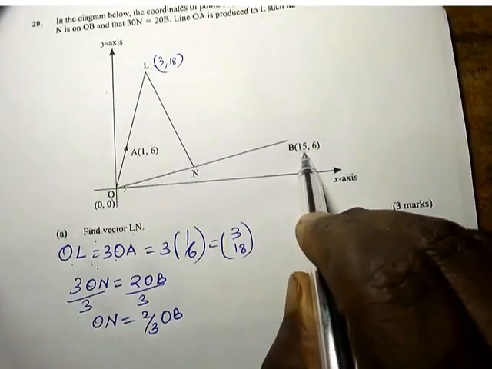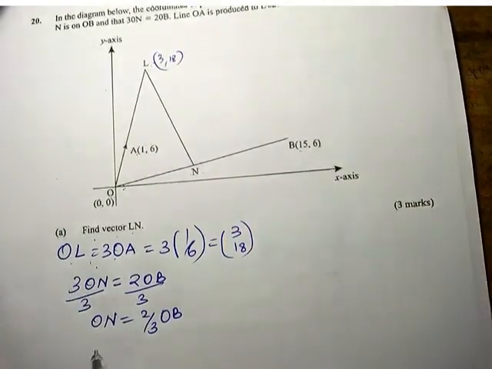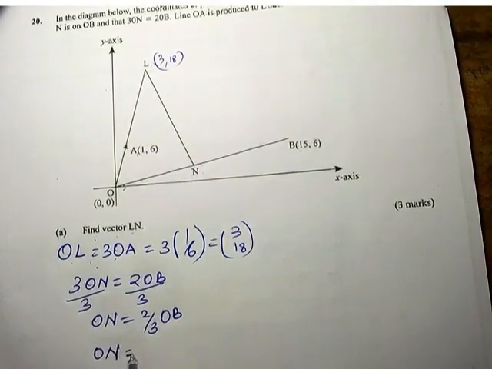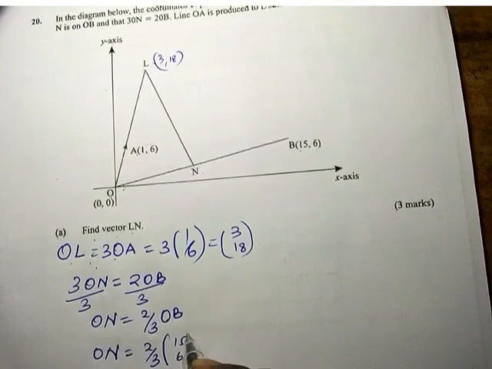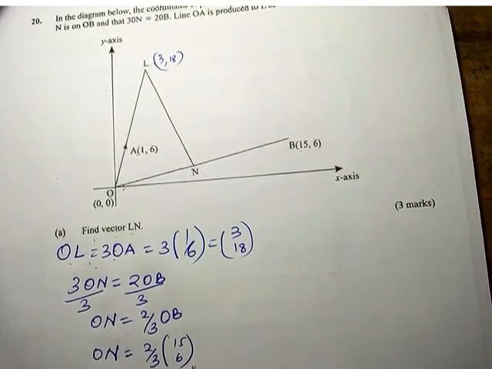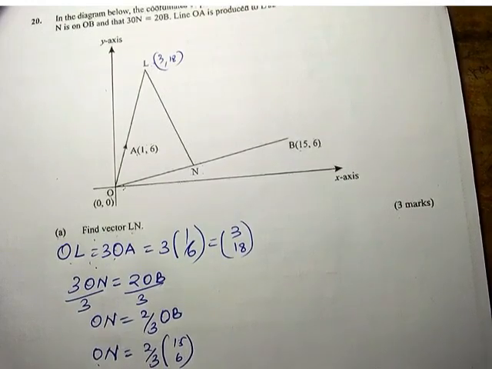But OB we have (15, 6). So it means that ON is equal to 2 over 3 of (15, 6), and this one is equal to (10, 4). That is ON.